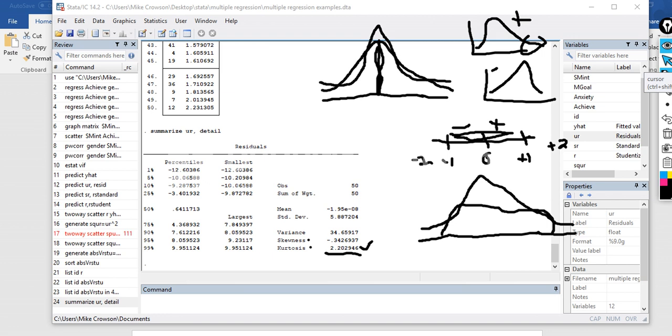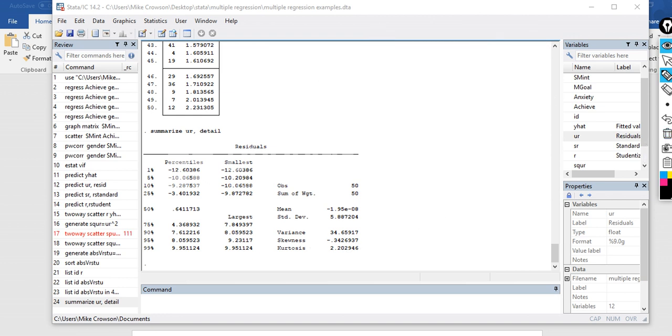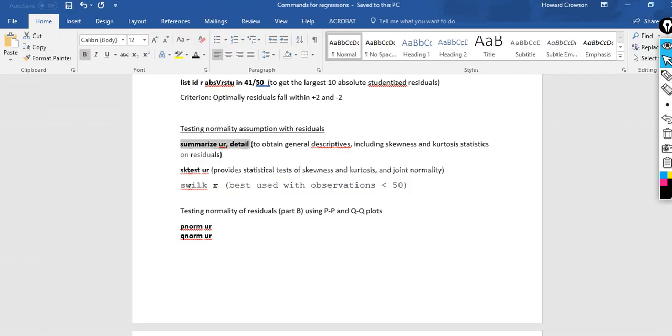I might also wish to carry out a significance test to evaluate the normality of the residuals. Looking at the syntax here, I can use this command, skTest, and then the name of the variable.